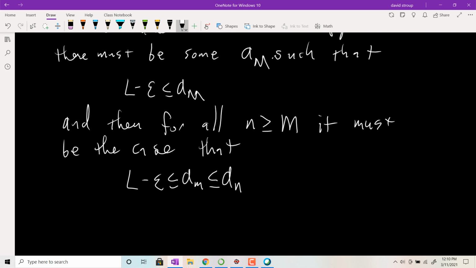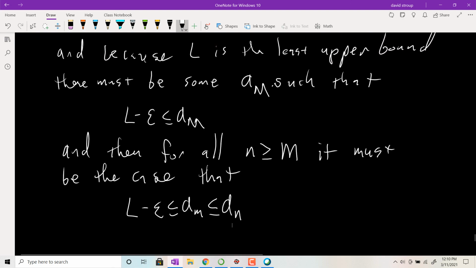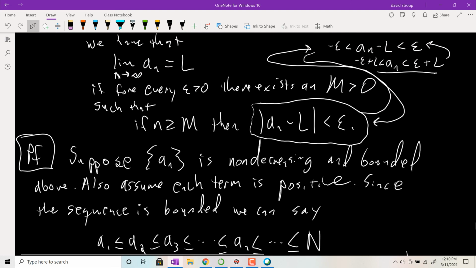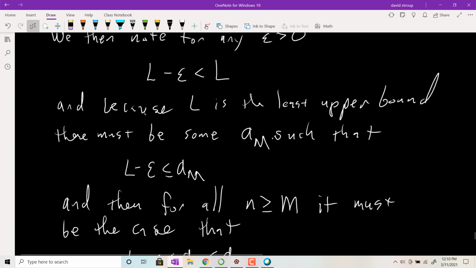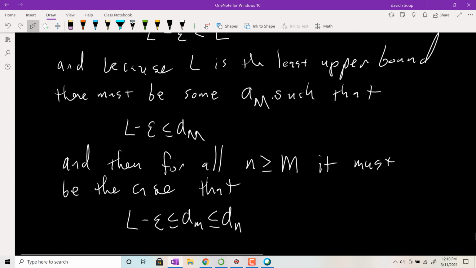And not only that, and see what we're trying to do, we're trying to build that compound inequality right here. Because of the least upper bound, this is definitely less than or equal to big L, right?